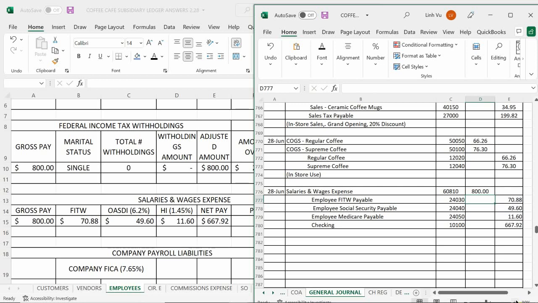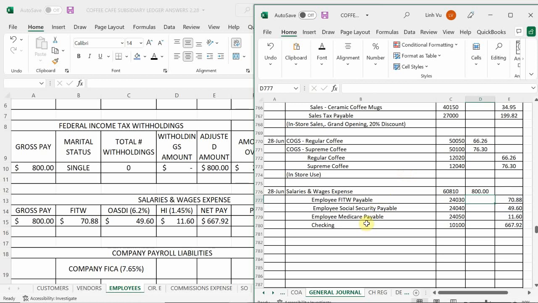We have to take away $70 for her FITW, we have to take away Social Security, and we also had to take away a portion of the money for her Medicare to equal up her paycheck to be $667.92. So at the end of the day, your debits and credits do match. This is how much she earned, these are the federal taxes that she's subject to pay, so that's how much money she's going to be walking away with.